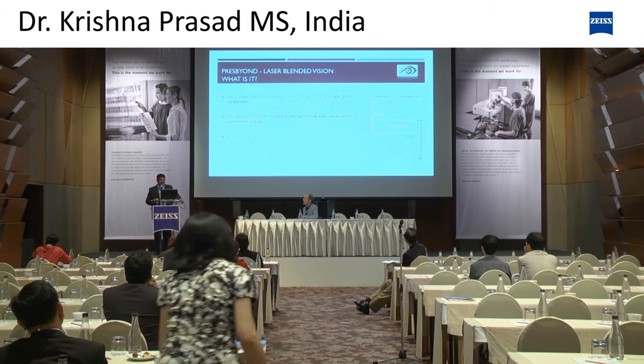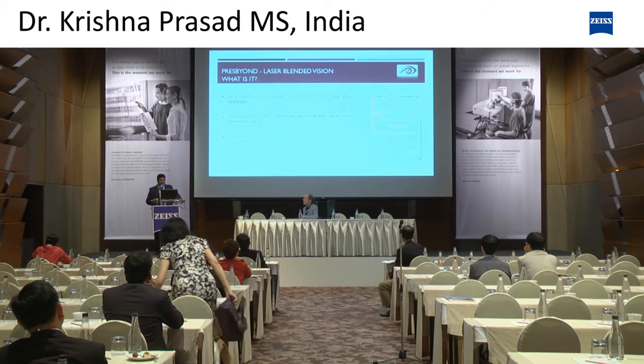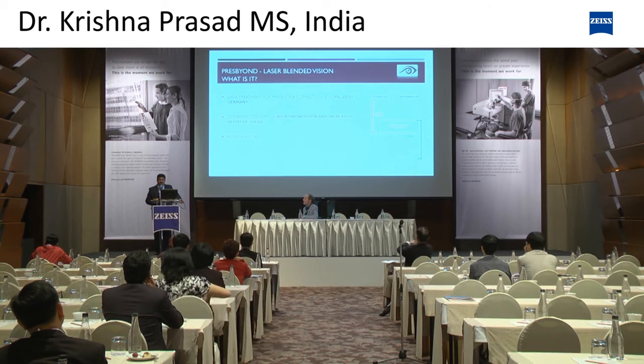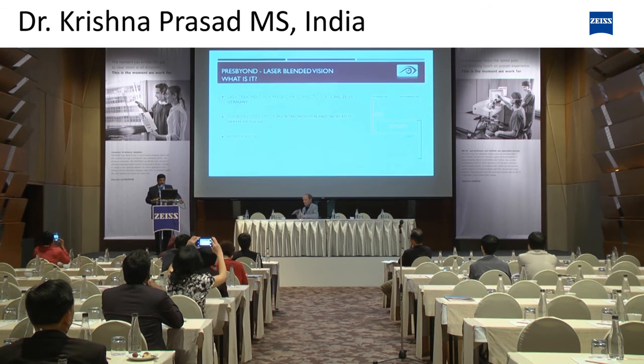So it's a combination of micromonovision and increased depth of focus. Of course, Dan Reinstein is the person who invented this technique. So what exactly do we do? We make the dominant eye emmetropic and make the non-dominant eye myopic by 1.5 diopters.